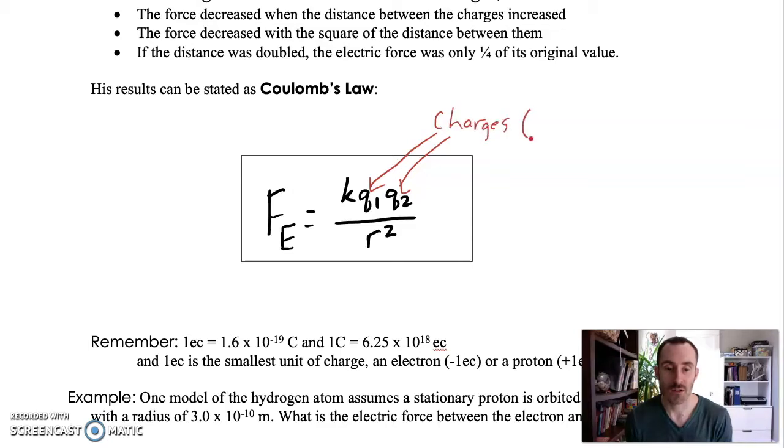Charges should be measured in coulombs, but there is a situation where you can measure them in ECs. This K value here, this is Coulomb's constant. We're just going to write constant.